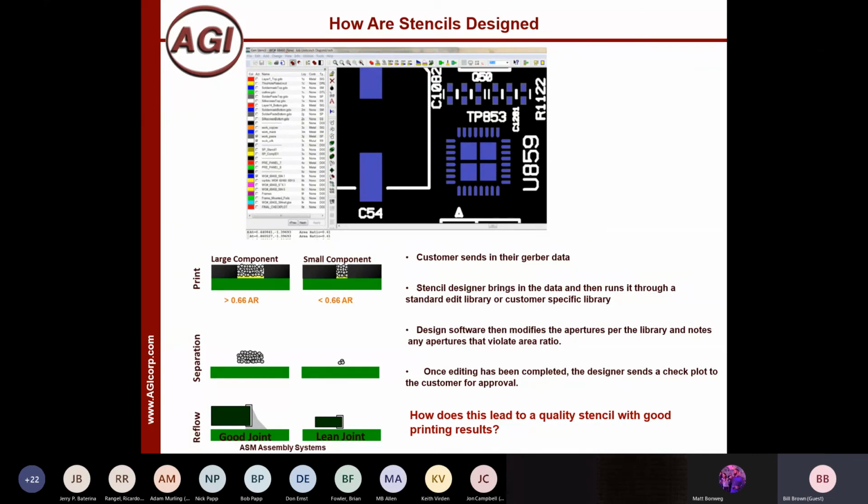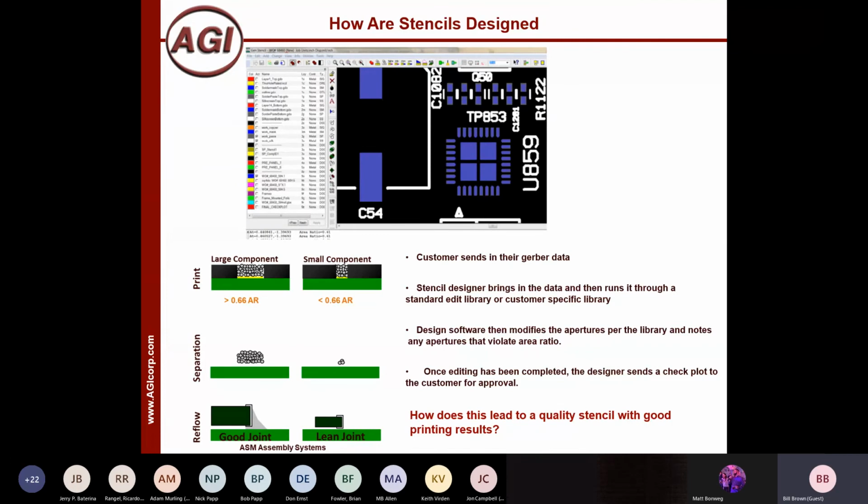Some don't mind using industry standards. That's what they like to go with. They don't want any input from themselves at all. They want us to do all of it. Some are very meticulous in how they like pads designed a certain way, and so we'll work with them to basically create those design packages in their own script file. So no matter what they send in to us, it's always looking for those specific components and modifying the apertures in the way that they want to modify it so they get the stencil that they want.